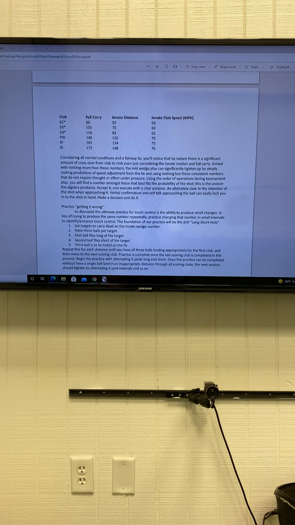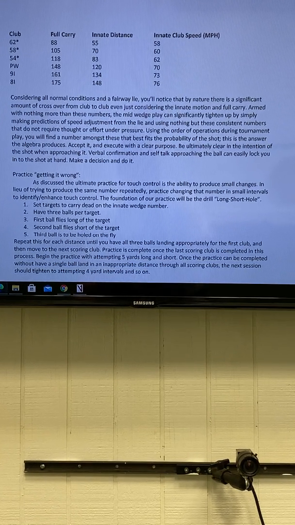So you can see in there, and I left this page up where it is intentionally, you should figure out how far that flies with all your wedges down to your pitching wedge, and have those numbers. And then you see there the practice of getting it wrong. The big thing, let me zoom in on that a little bit so maybe it's a little bit easier for you to see. There you go.